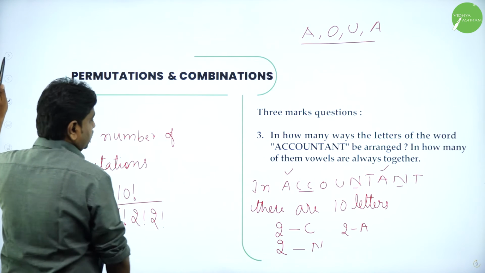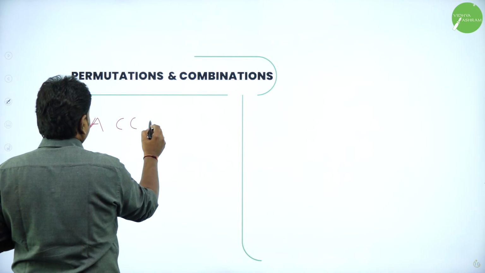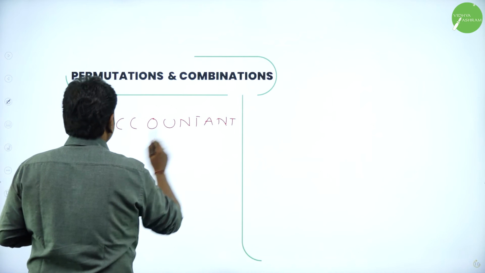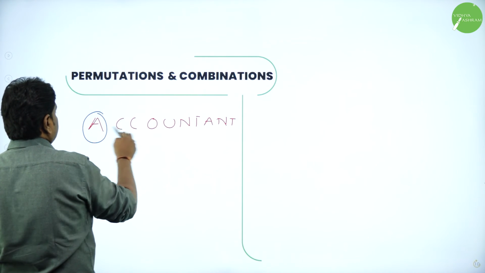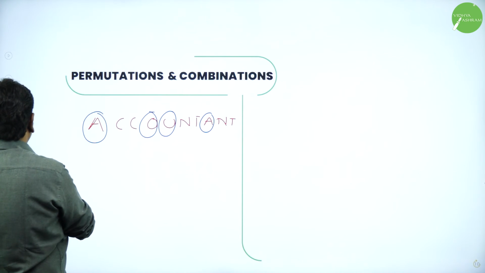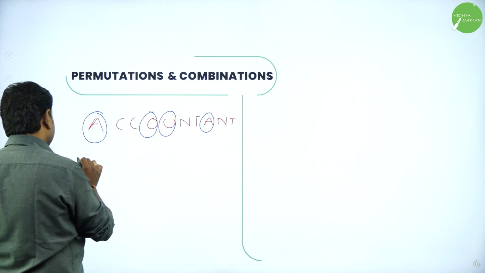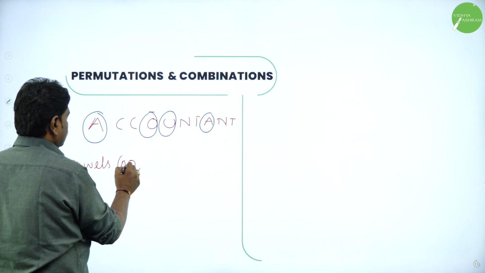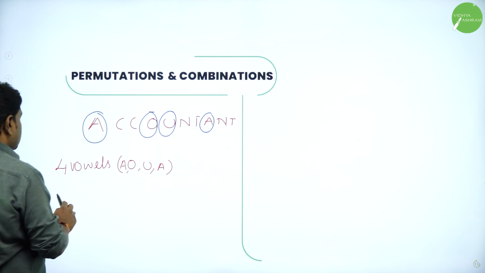So, in accountant, we had 10 letters, but in the 10 letters we have 4 vowels: A, O, U, again A. And non-vowels are consonants.